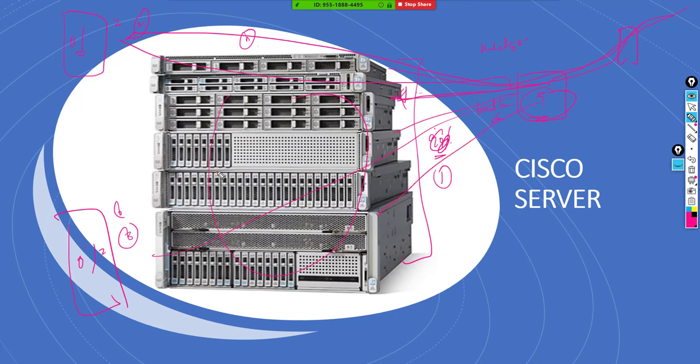All your applications, web pages, any development sites, websites, everything will be loaded up on these servers. All your applications and software will be here, and access will be given to the users so they can come and access this.